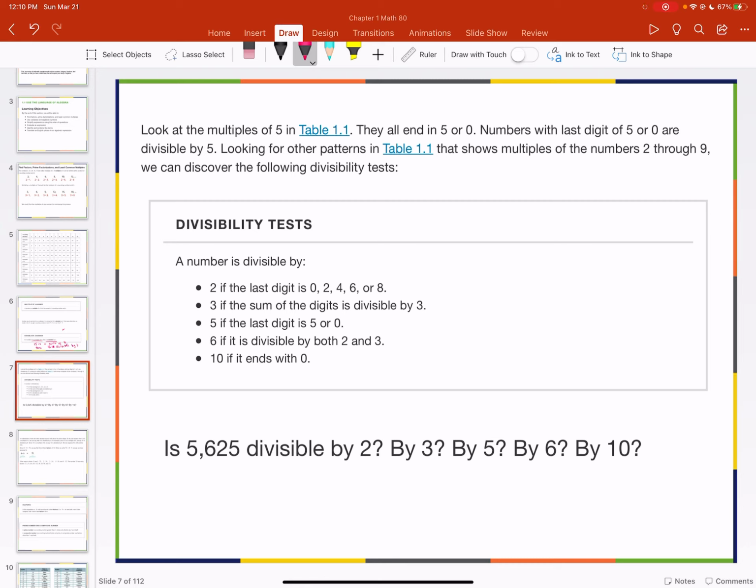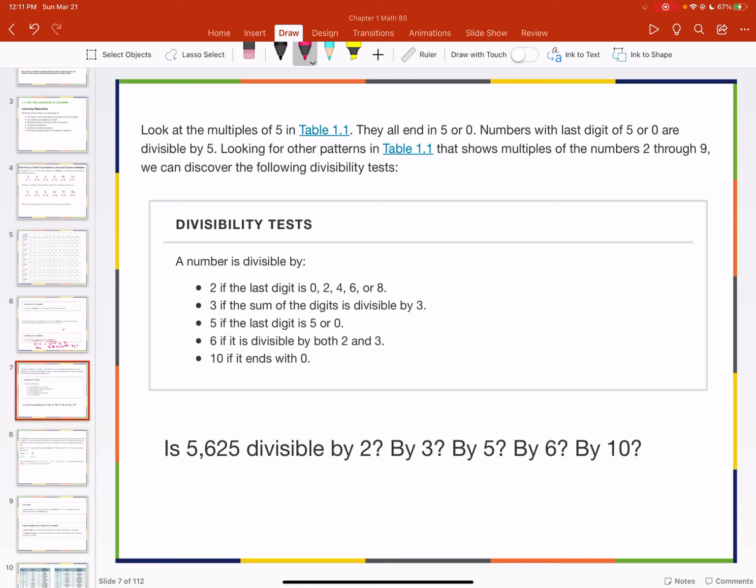If you have a number that's even, like it ends with 0, 2, 4, 6, or 8, that number can be divided in half. You can divide it by 2. If you have a number such that the sum of the digits is divisible by 3, then the number itself will also be divisible by 3.